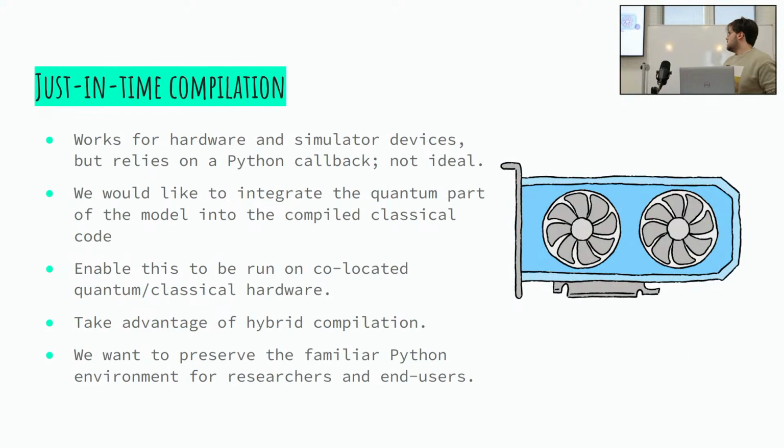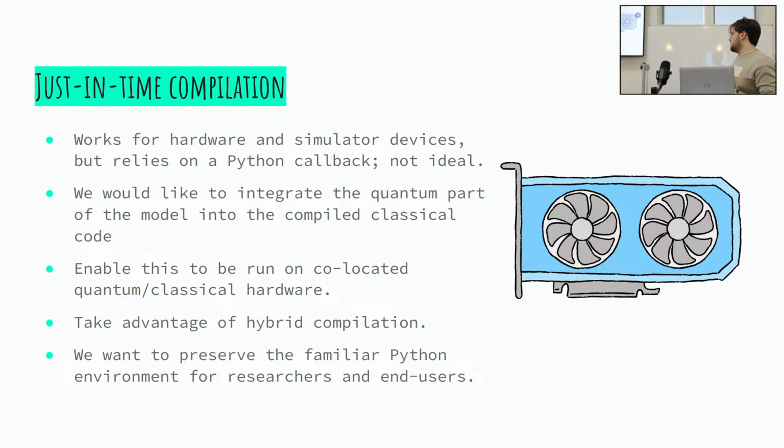Catalyst, because we want to be able to run things on hardware and simulators. We also want to have a classical compiled code that integrates the classical part and the quantum part, and we want to be able to run this whole program as collocated hardware.